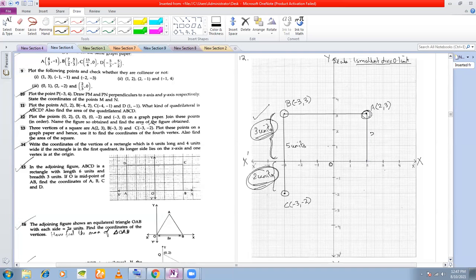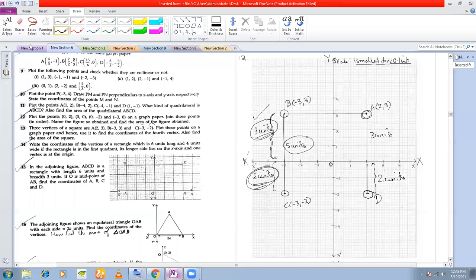So this will be 3 units. And what is the total length here? 5 units. How many units do you require? 2 more units, right? So again, you extend this line by 2 more units, so this length becomes 2 units. Now, did you understand? Now this point becomes your fourth vertex. This point becomes your D.